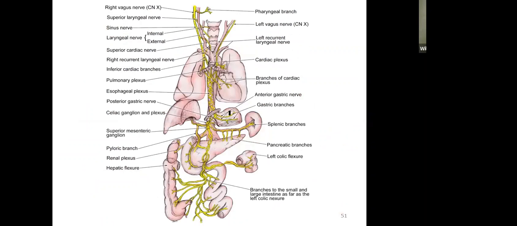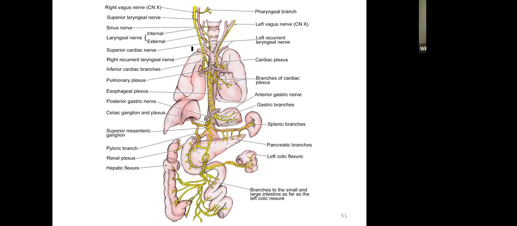So this is the last slide I'm going to show you. This is an overall schematic of the whole of the vagus nerve. Now, this is like a lovely endpoint right here, because when you think about the vagus nerve, the name vagus means the wanderer. It's the wandering nerve. And this picture really shows just how significant it is.